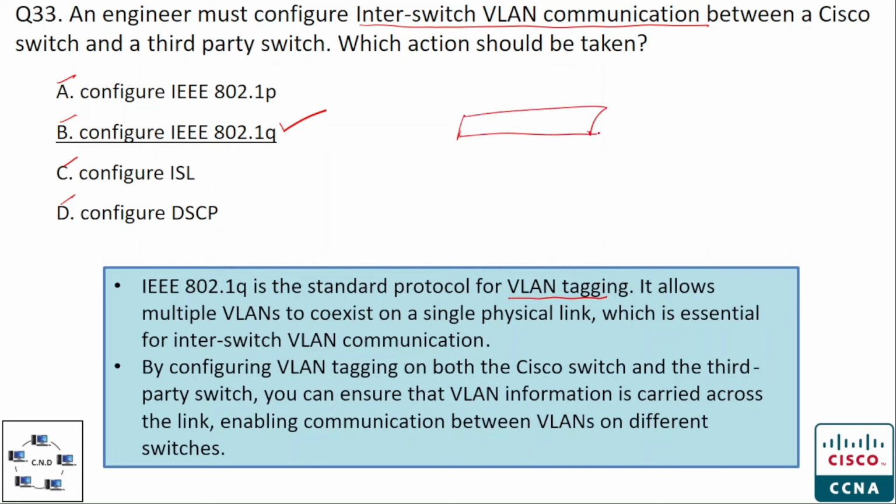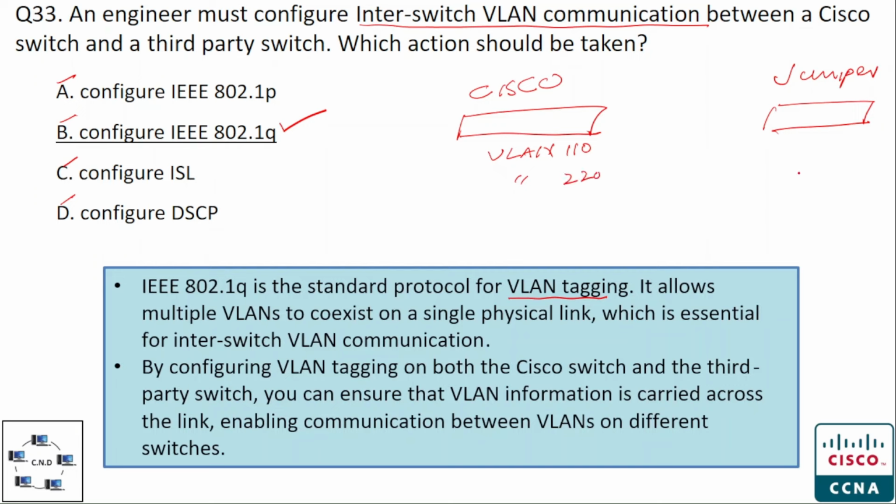So let's suppose here we have two switches. This is a Cisco switch, and we have another switch, let's suppose a third party, let's suppose a Juniper switch. So here we have, let's suppose, VLAN 110 and another VLAN 220.